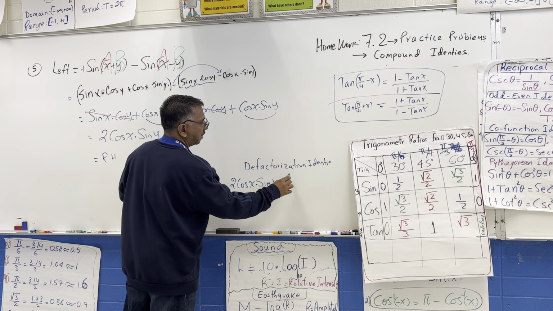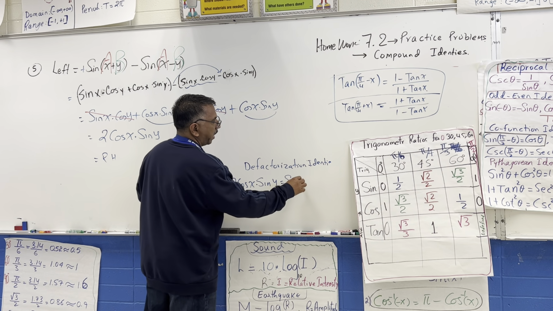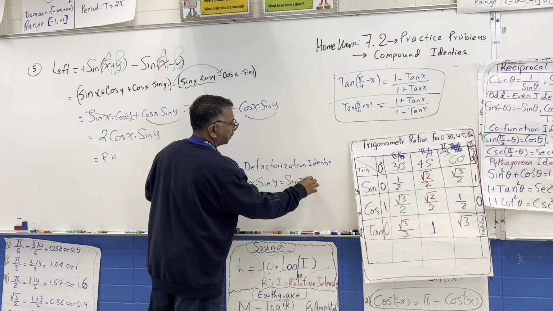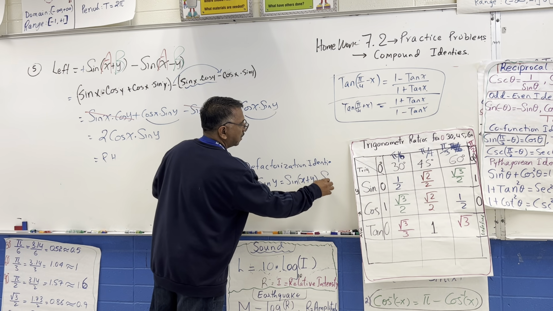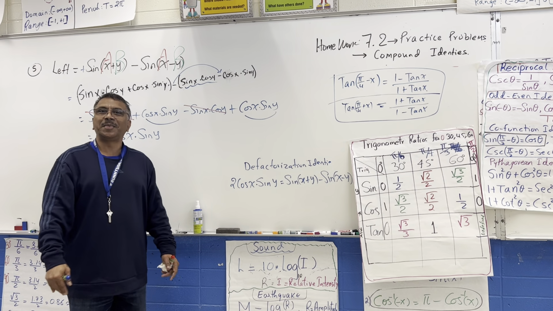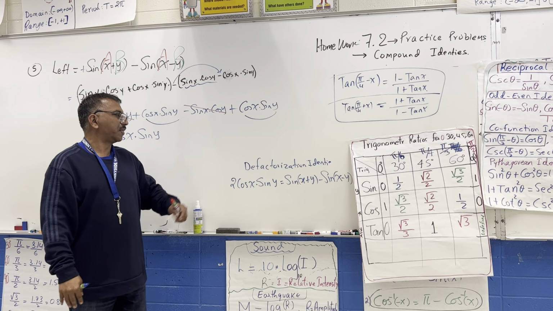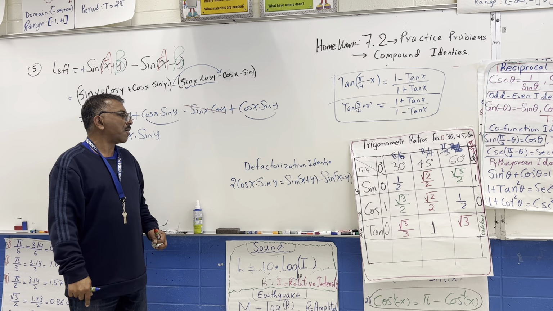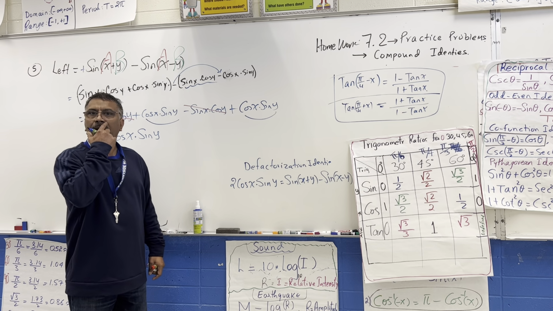The answer is sine of x plus y minus sine of x minus y. So that's a special formula now. You should be knowing it. Of course, right now you say, oh my God, how do we even remember this? Yeah, I know it's hard.